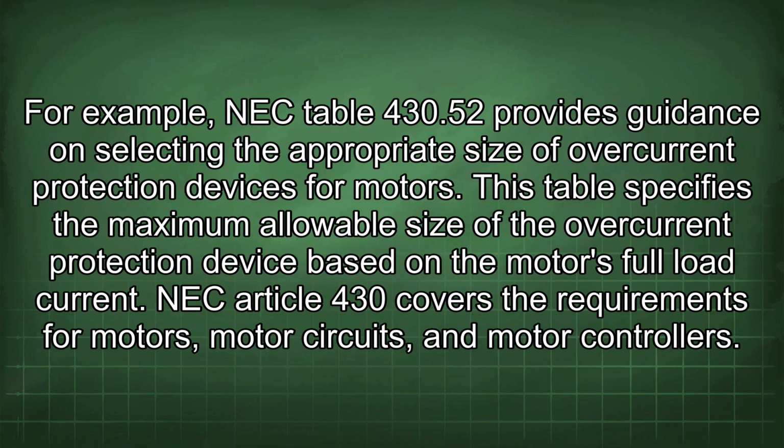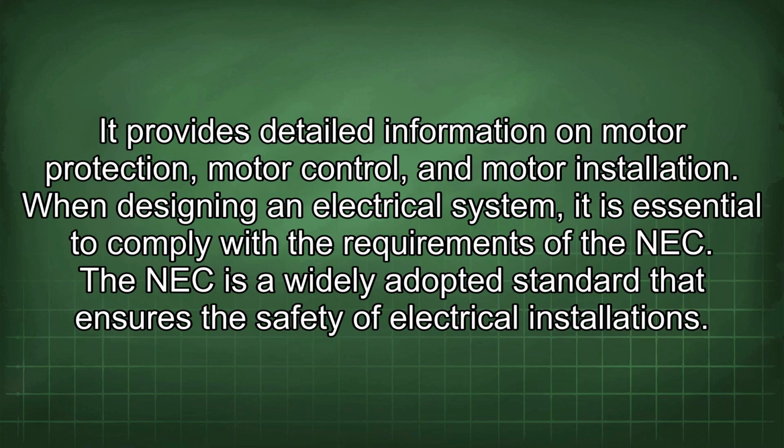For example, NEC Table 430.52 provides guidance on selecting the appropriate size of overcurrent protection devices for motors. This table specifies the maximum allowable size of the overcurrent protection device based on the motor's full load current. NEC Article 430 covers the requirements for motors, motor circuits, and motor controllers. It provides detailed information on motor protection, motor control, and motor installation.